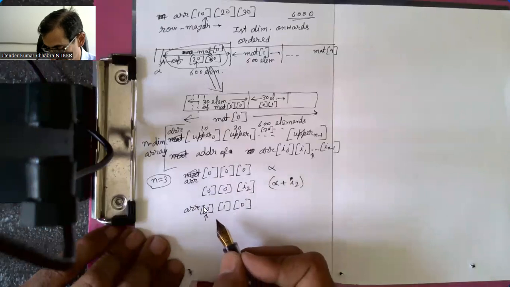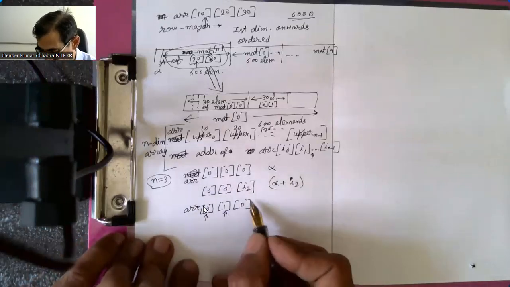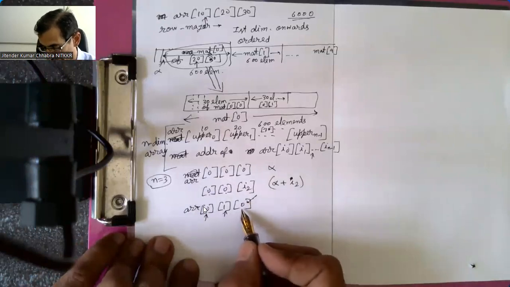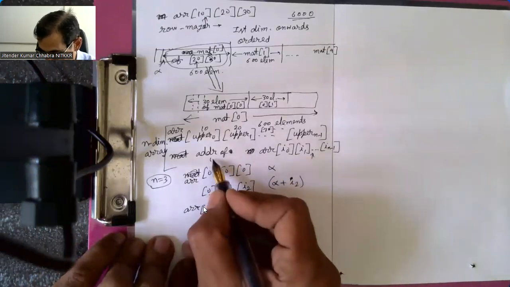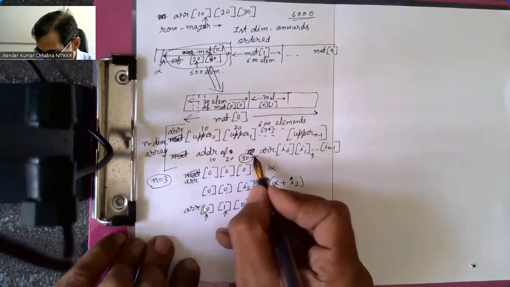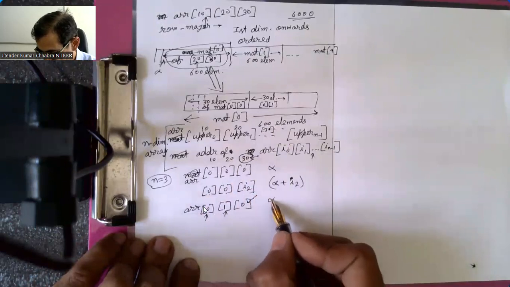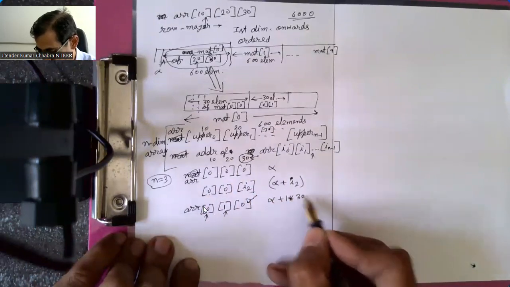Within the 0th matrix, the first row will start when all columns of the previous row are over. And how much was the size? 10, 20, 30. So effectively when all 30 elements are over, only then this will start. Effectively, this means alpha plus 1 into 30.